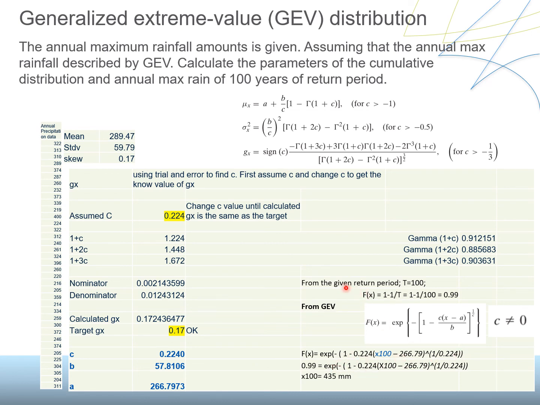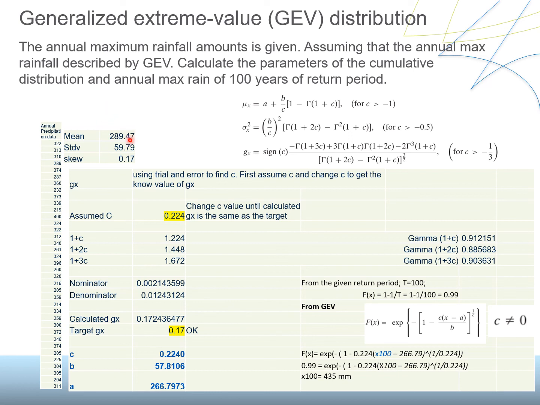For the given return period T equals 100, the cumulative probability is 1 minus 1 by T, which is 0.99, right? And you substitute 0.99 here, and you get 435 millimeter of rainfall.